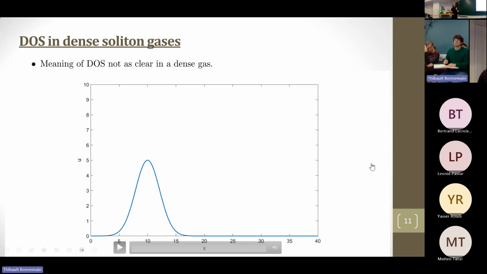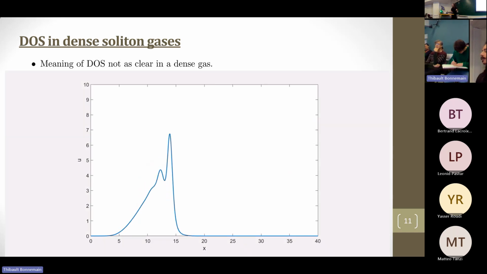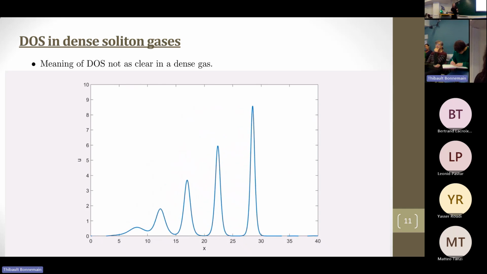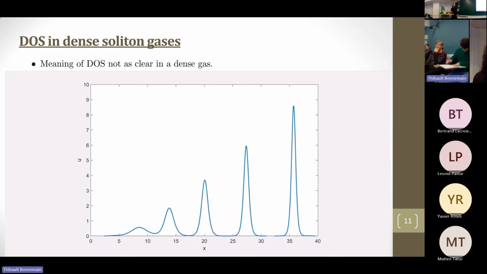Of course, this is not a gas, there's no randomness here, this is just a motion in a short condition. But just looking at this, you cannot see the solitons. You cannot say how many there are, where they are, or what their amplitude is. This is something you can only know asymptotically once they are separated.